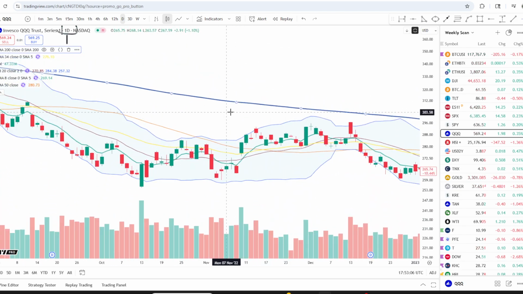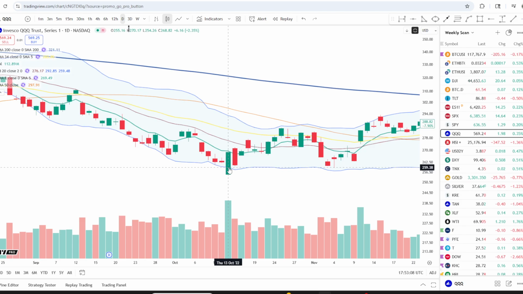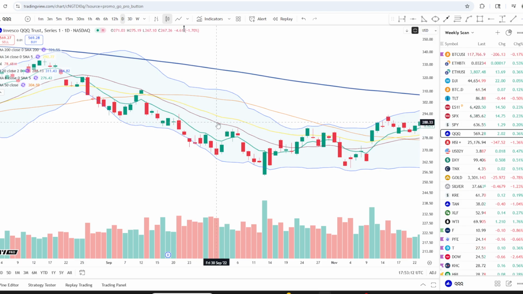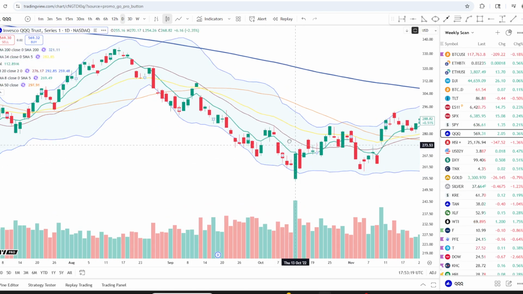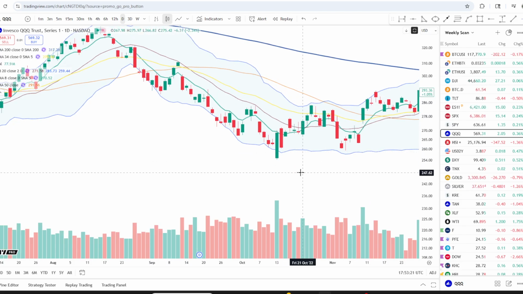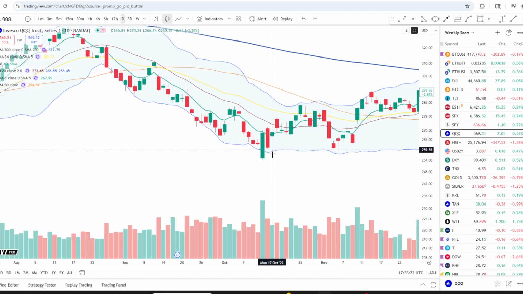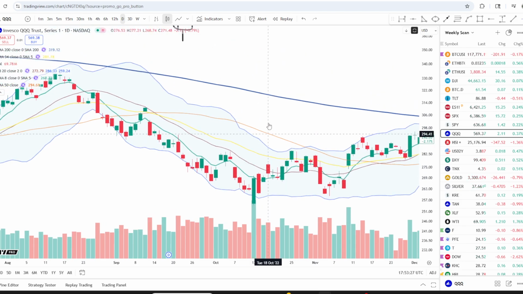Here's a really good example of a bullish engulfing candle on the QQQs back in October of 2022. Red candles moving down, big old green candle engulfing the prior candle's body. So a couple things that are important. First of all, the relationship of the body of the engulfing candle to the prior candle is meaningful.